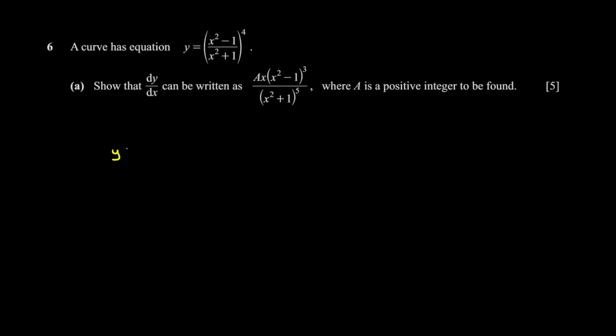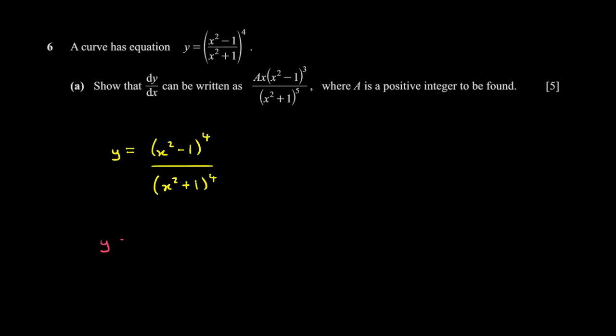So I'm going to rewrite this as x squared minus 1, beg your pardon, to the power of 4 over x squared plus 1 to the power of 4. And because we've got one function divided by another function, we need to use the quotient rule. And if you need a reminder of the quotient rule, it is this.